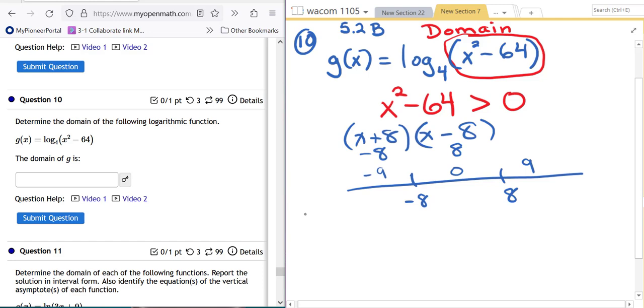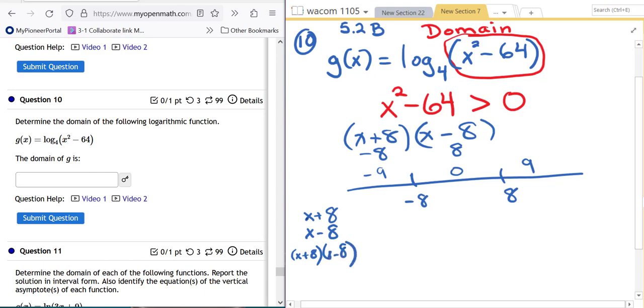All right, and then I'm just going to test each one because this is always going to be with your function on the left, and over here it will be 0. So we can test and just get the signs. We don't have to actually get the number. And so my next one is x minus 8, and then the combo of those.